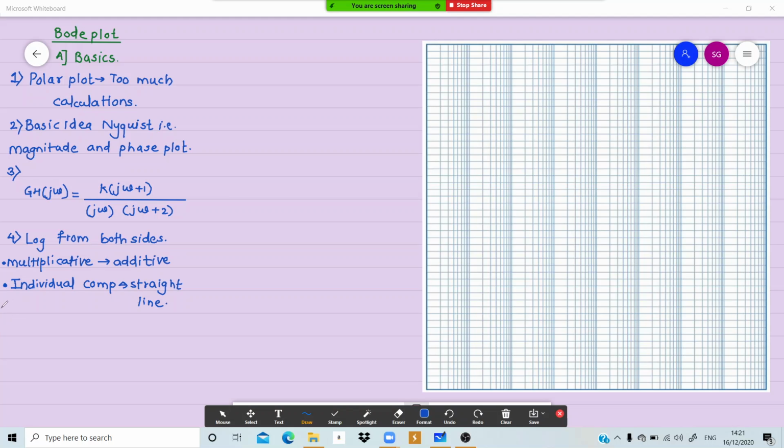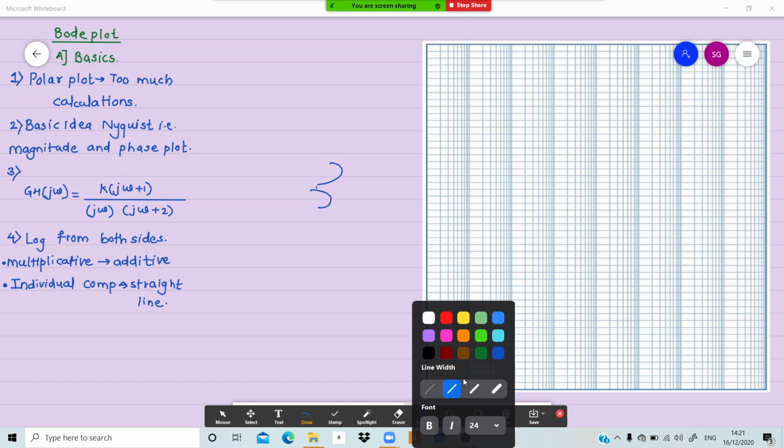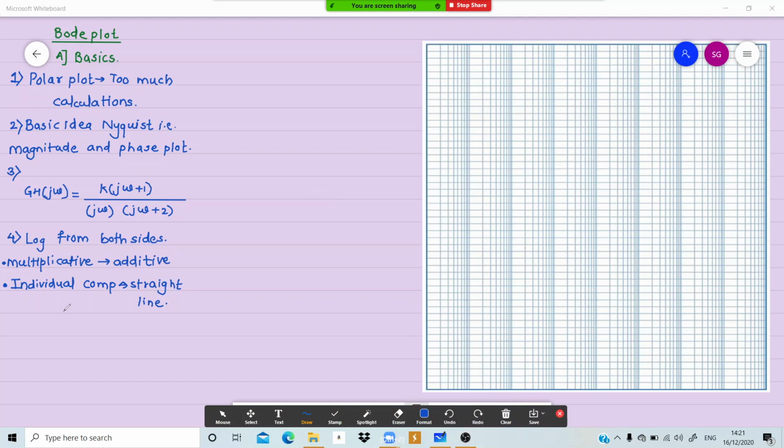Okay. And now n number of components, like this is a straight line, this is a straight line, all are straight lines. Because you are taking log, they will become straight lines, and then adding all these straight lines becomes comparatively easy. If you are having curves and you want to add them, then it becomes difficult, right? But if you are having straight lines, adding them becomes very easy. Just by looking at the graph, you will be able to make out how the addition will be there, right?